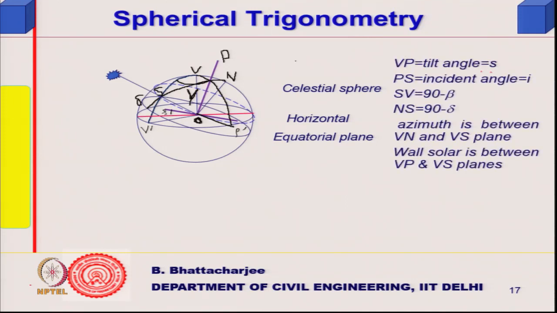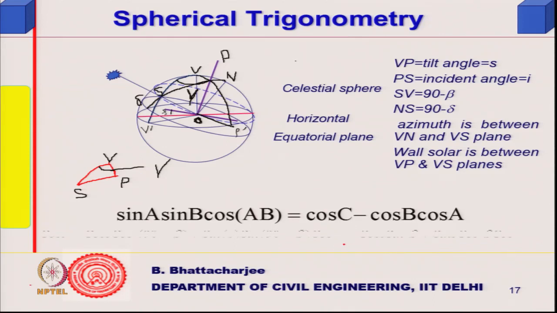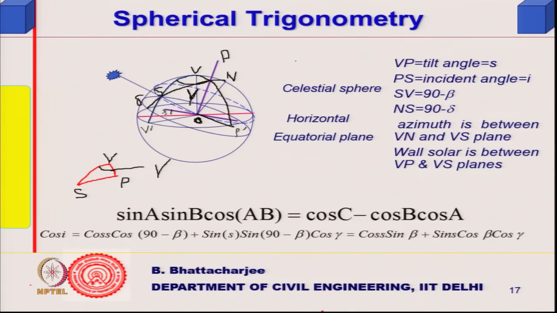That is the tilt angle, incident angle, and so on. The contained angle is gamma. This is how the formula comes in, and this is for the incident angle. You can derive this principle for the incident angle.